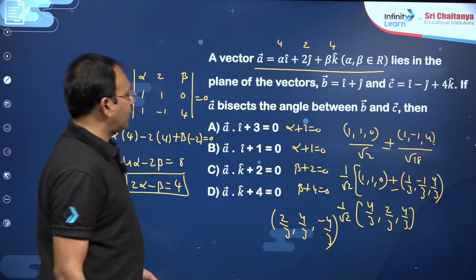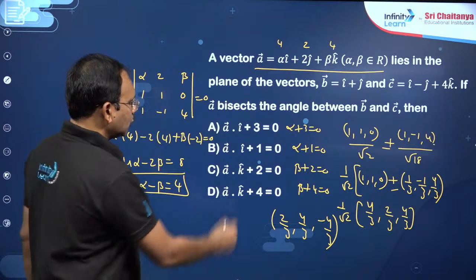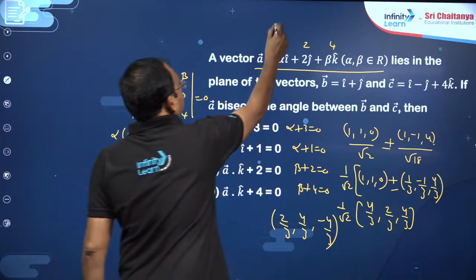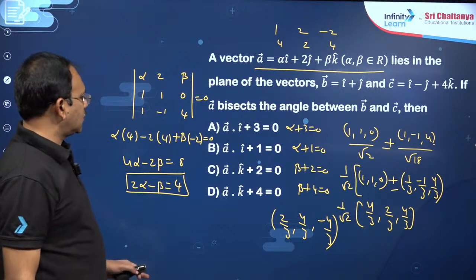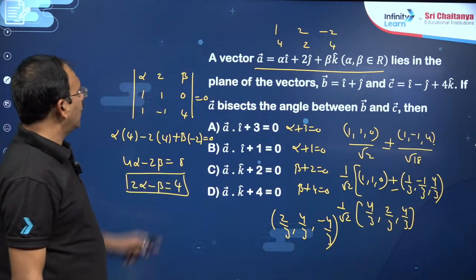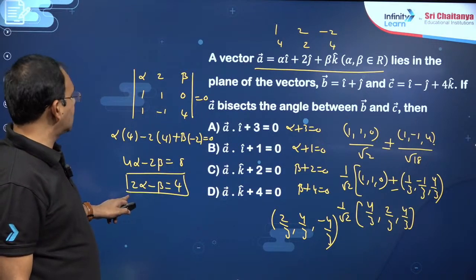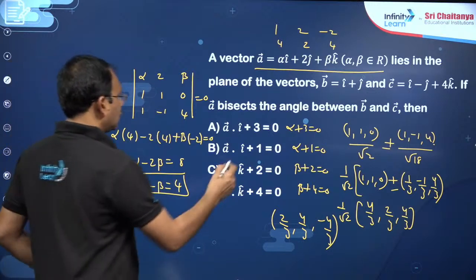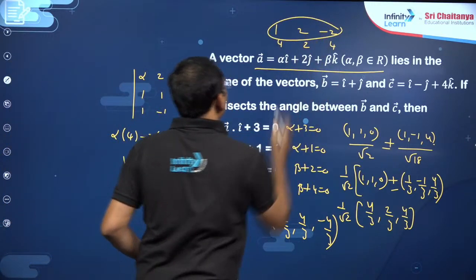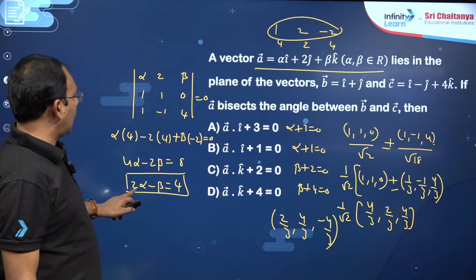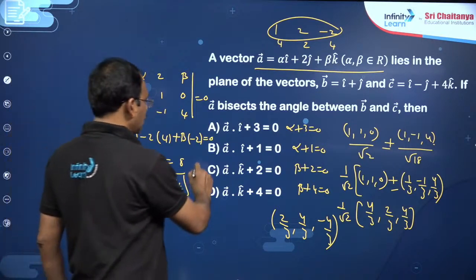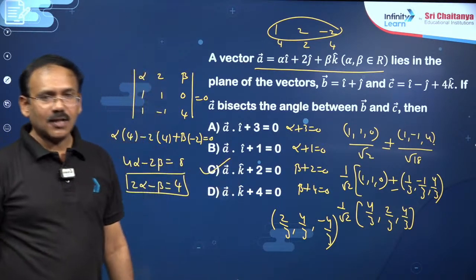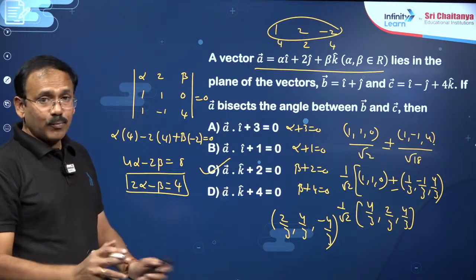In this case, my dear friends, 4 is there, so you can write (1, 2, -2). So beta can be minus 2, this combination is there. Moreover 2 alpha minus beta, that is also kept. So this case works rather than the first case. So alpha is 1, beta is minus 2 will work. So beta is equal to minus 2, option C will be the right answer. Right, dear students? Check both the combinations.